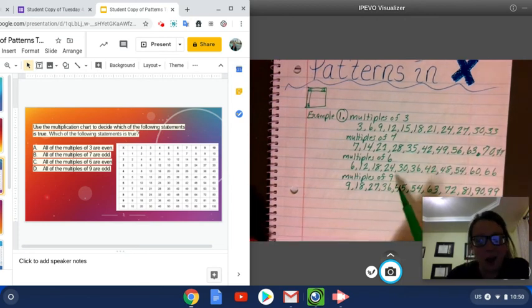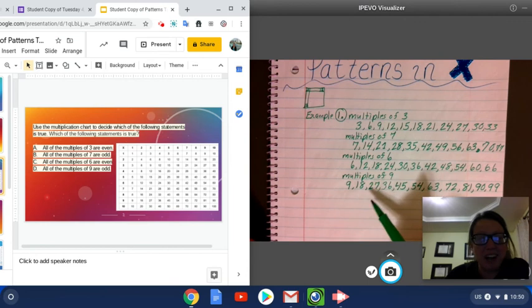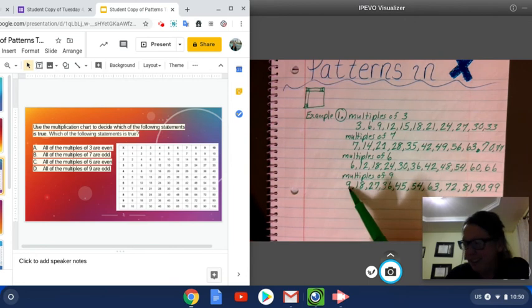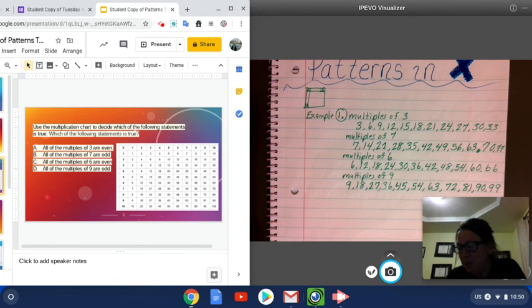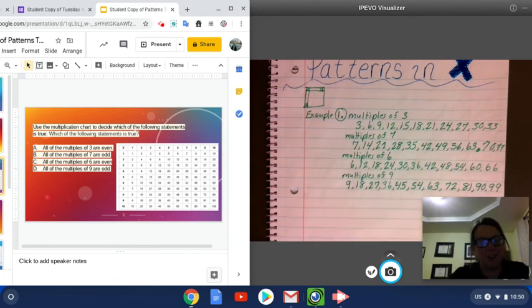And it says all the multiples of 9 are odd. 9, even or odd? Odd. 18, that's an even number. So C would have to be our answer.